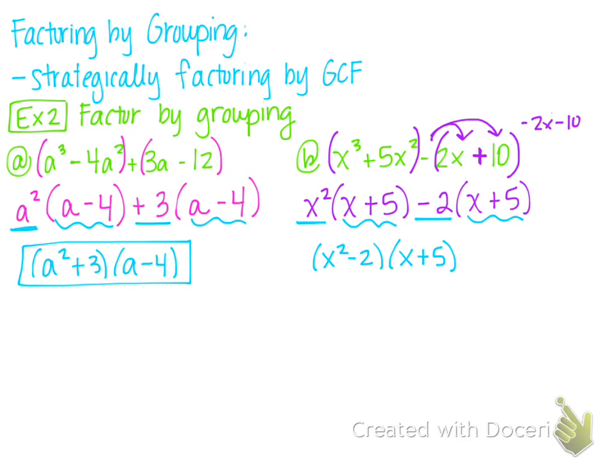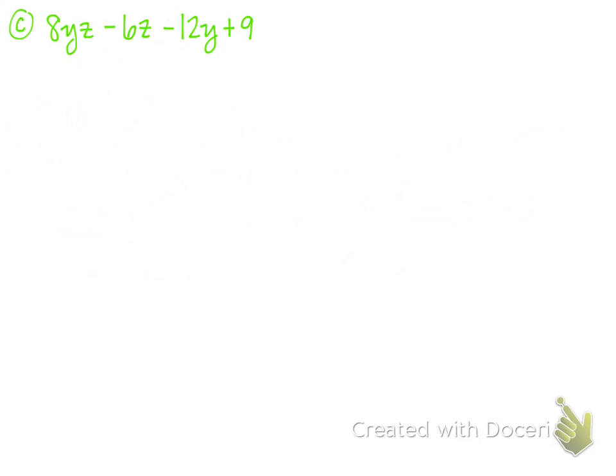Let's do another example of factoring by grouping. Okay, C. So this time, we're going to go ahead and try to group the first two and the second two together and see what happens. Going to group together these two, and then look, we got that same issue with that sign. If we group together these second two, we've got to change the sign of this number, because when we redistribute out this negative sign, we'll get back a positive 9, which is the original problem.